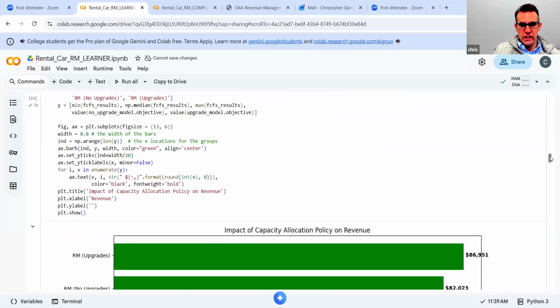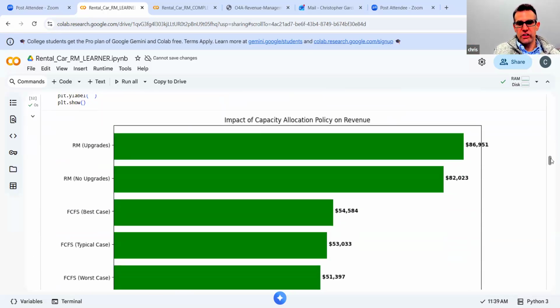So if we look at this and visualize, we look at the two policies of revenue management with upgrades and revenue management without upgrades. We can see here that the first come, first serve ranges from about 51 to about 54, 55,000 dollars. But then when we look at the values for the revenue management, it jumps up.